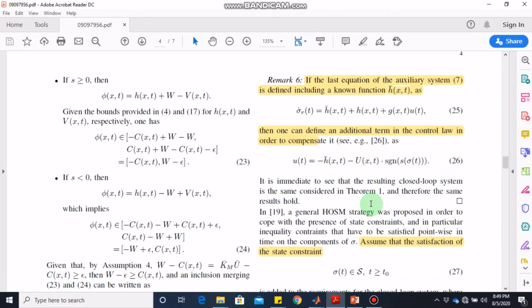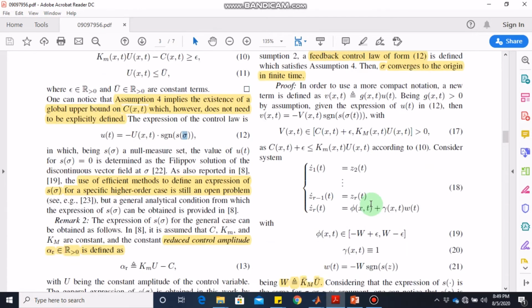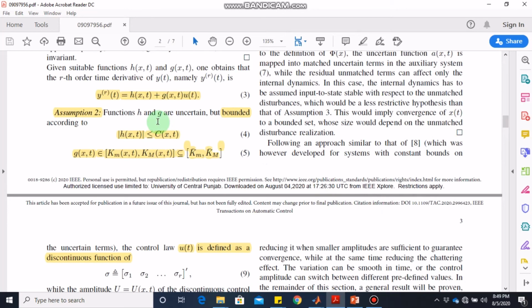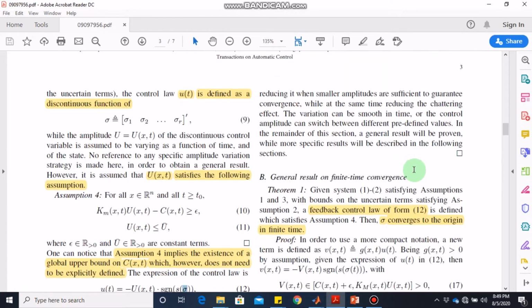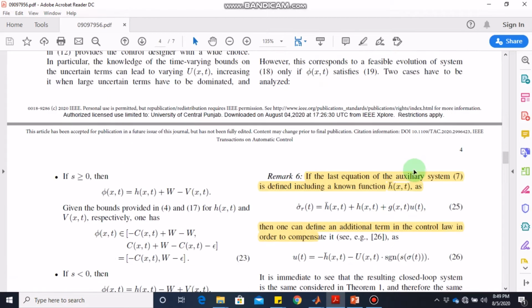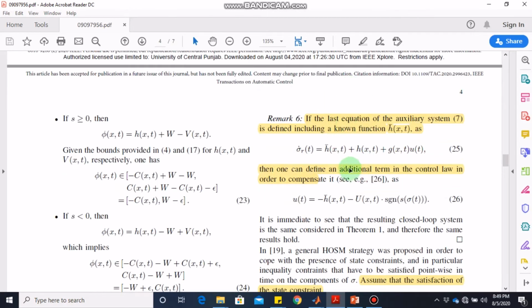So far we have assumed that both of these functions in the expression for the rth derivative of the output are unknown. If there is an h bar function in addition to these two functions, which is a known function, then the results of the paper will apply. That's what is said in remark number 6.